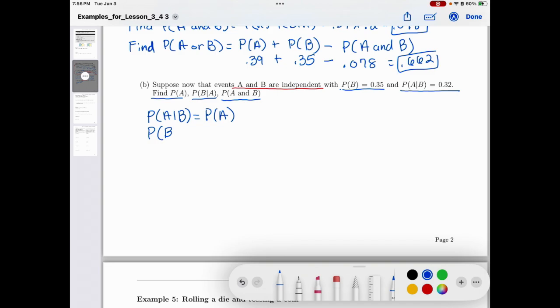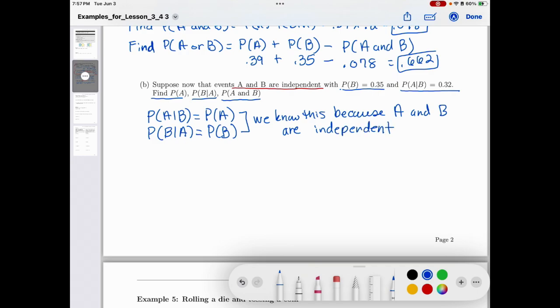We also know, reversing the letters, that if we find the probability of B given A, that's the same thing as the probability of B. We know this because A and B are independent.